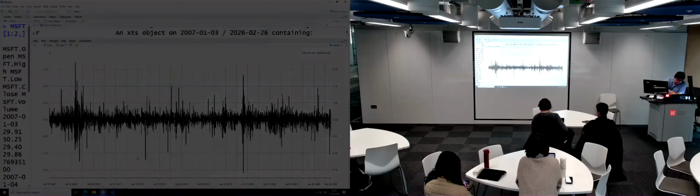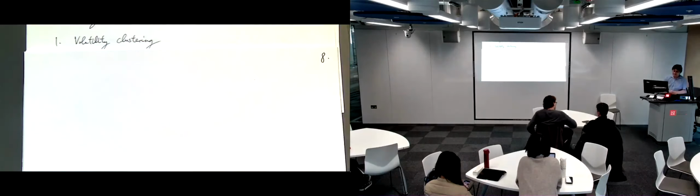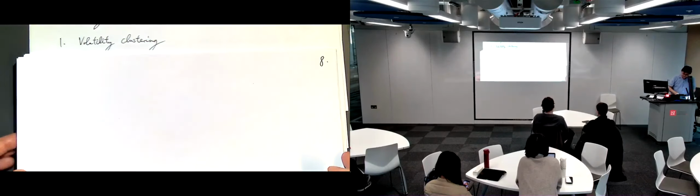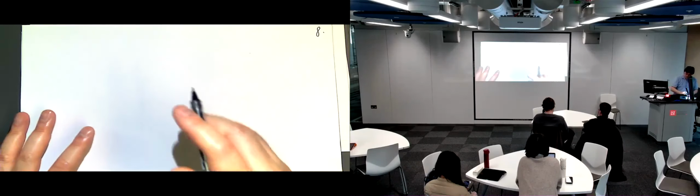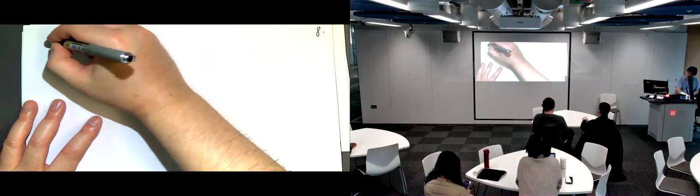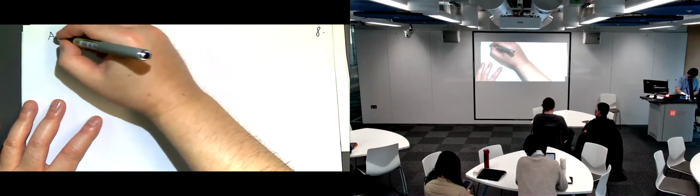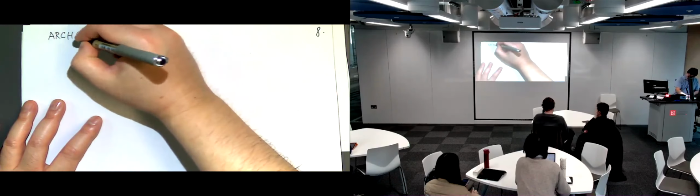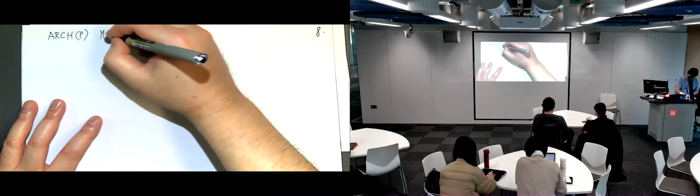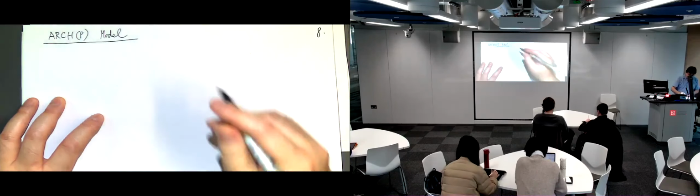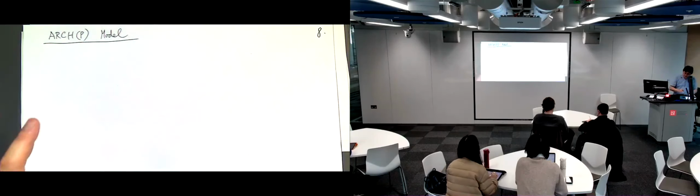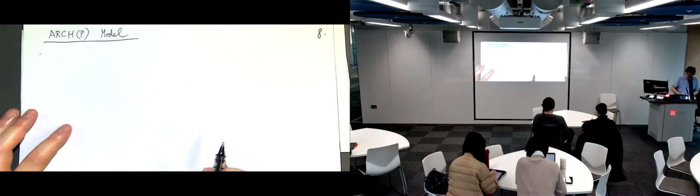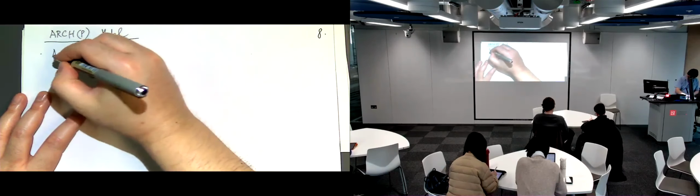So how do people at least model this volatility clustering? So Robert Engle came up with this ARCH model, so you may have heard of it already.